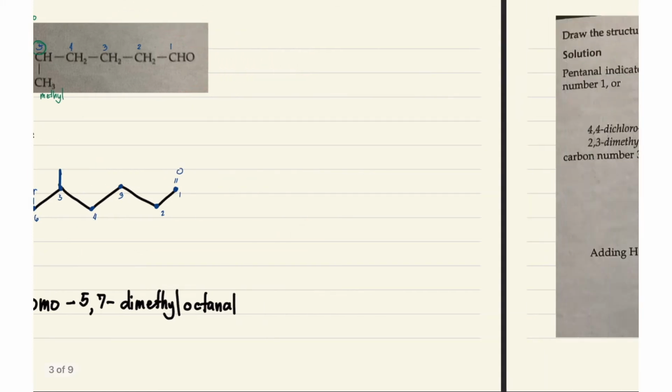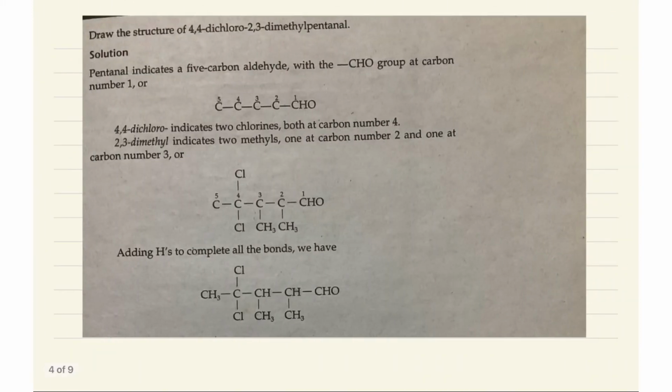Okay, now let's have another example. So what if I'll be giving you the name and you're going to draw it? So in this figure, it says here that we have here 4,4-dichloro-2,3-dimethyl-pentane. So for the solution of this one, pentanol indicates the 5-carbon aldehyde.